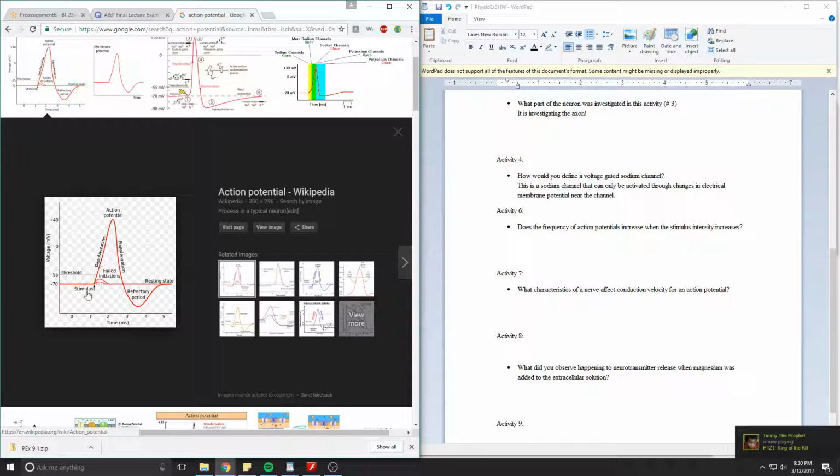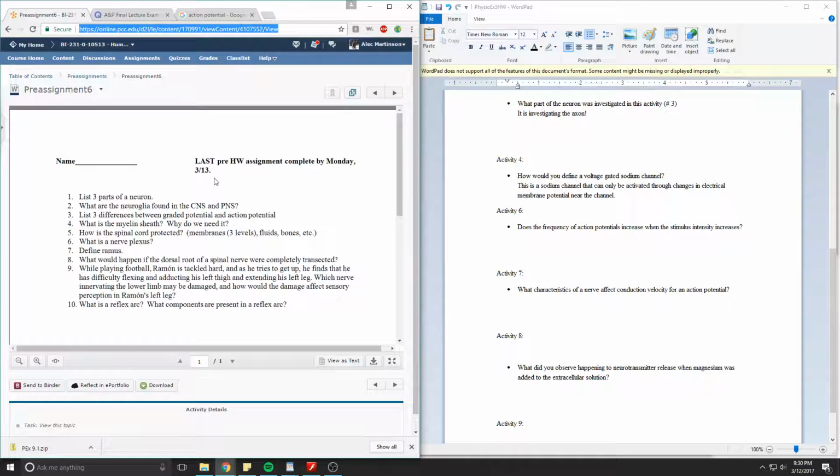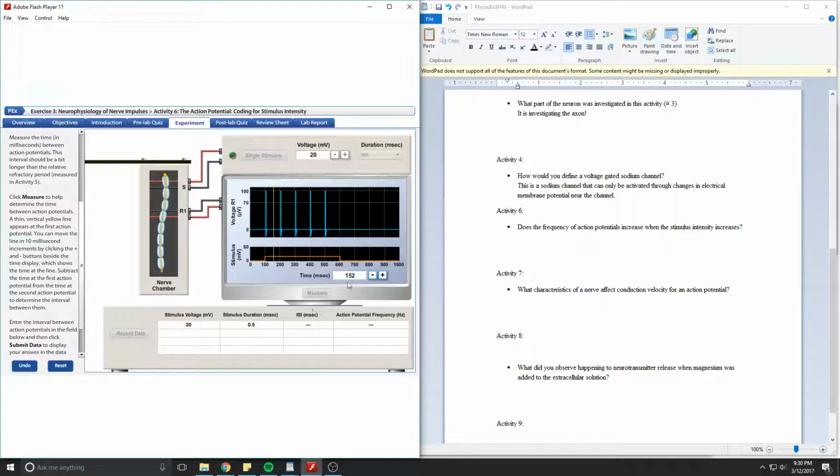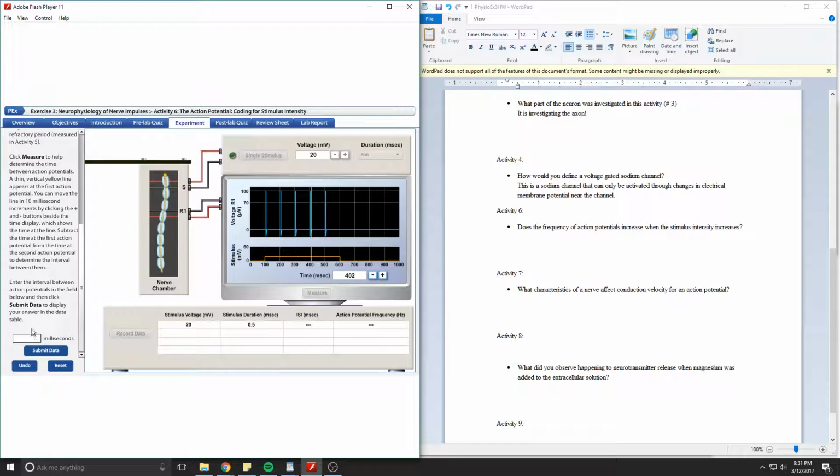It is the peak. Okay, I just wanted to make sure we were looking at the right part of it. So there's the peak, 102, 202, 302. Okay, there's 100 milliseconds in each one.